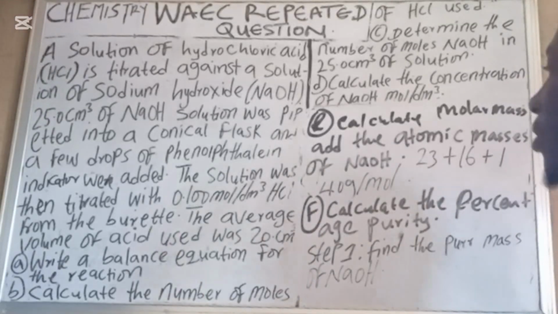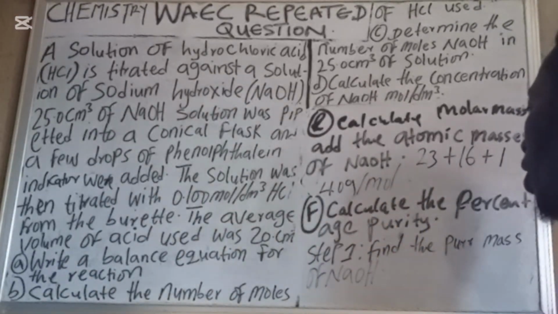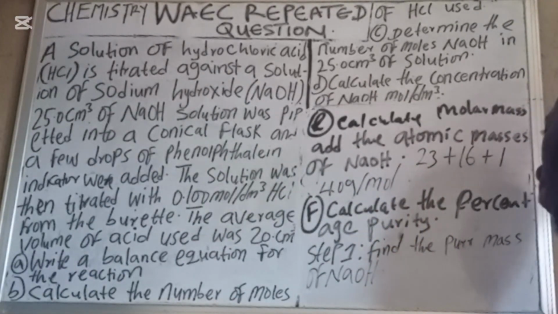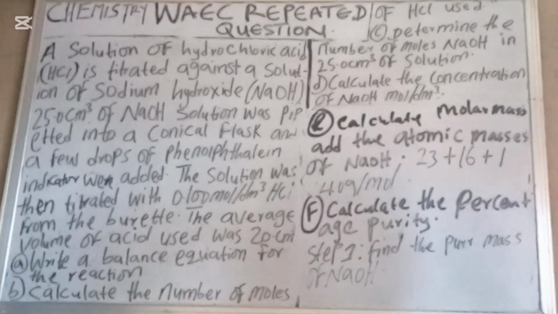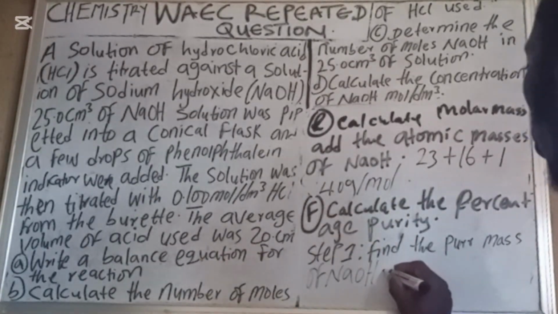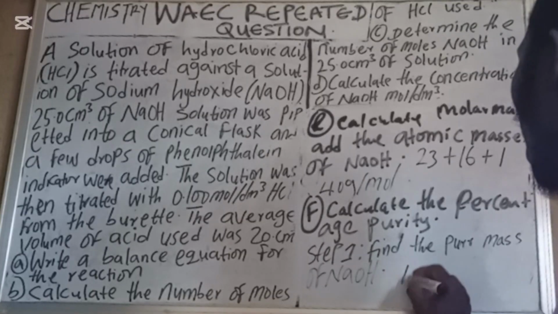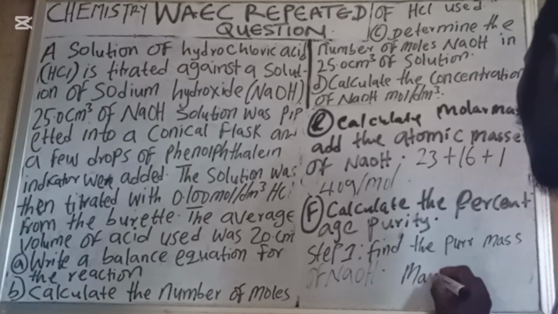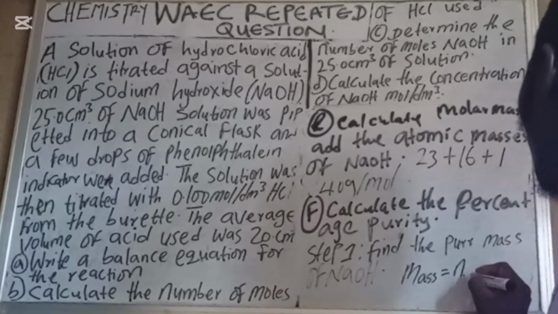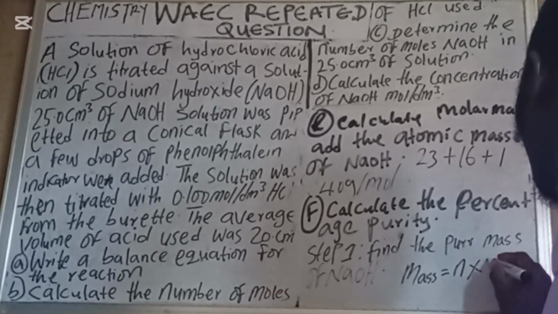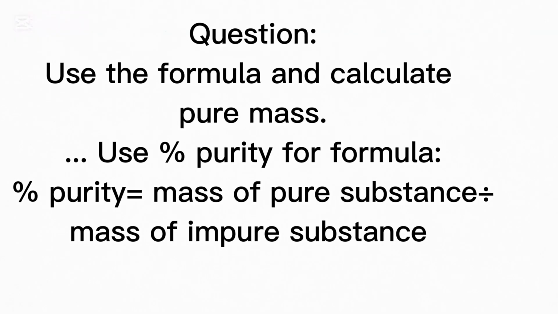The formula we are using to find this pure mass is mass is equal to number of moles times molar mass. Use the formula and find pure mass, and after you find your pure mass, then use the percentage purity formula, which says percentage purity is equal to pure mass divided by impure mass times 100.